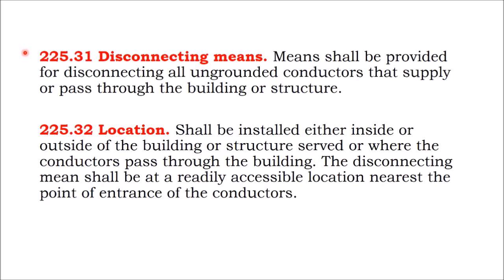Utilities would do themselves and the solar industry a favor by understanding the definition of a disconnecting means. Disconnecting means can be a breaker. It doesn't have to be a knife switch. Often utilities require knife switches, which are more expensive than breakers and not necessarily any more useful.